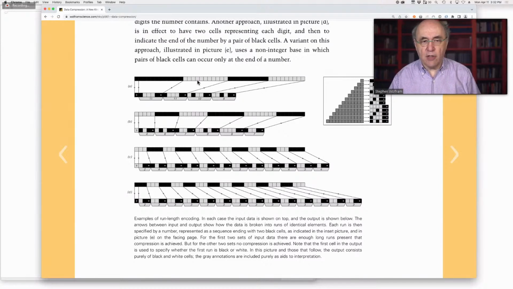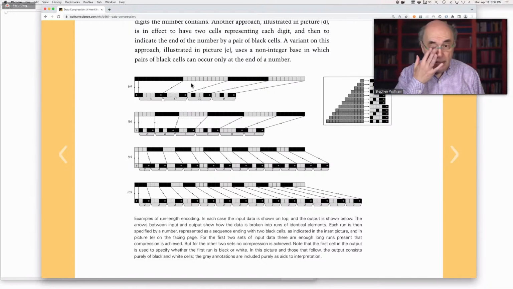In run length encoding, what we're doing is we're saying there's a run of identical colors here, and instead of giving all of those colors, all we're going to do is give a binary number that says how many bits of that color there were. And we just have to give alternating binary numbers because we know that we have a run of black cells, we have a run of white cells, and so on.